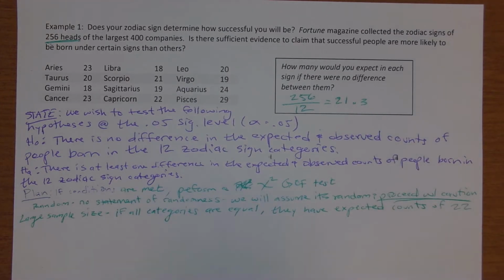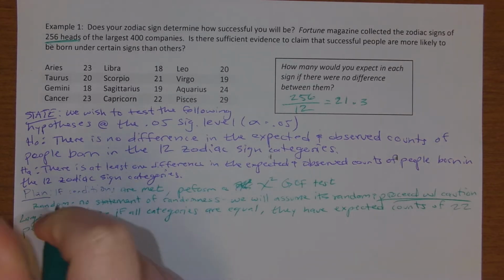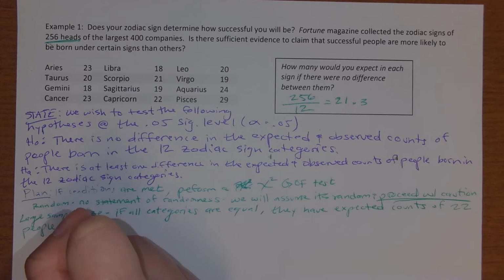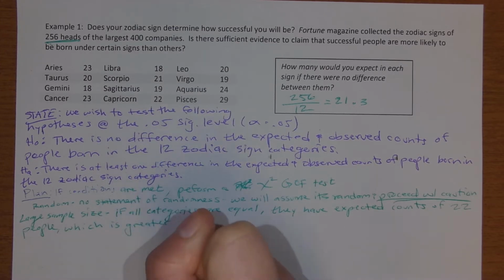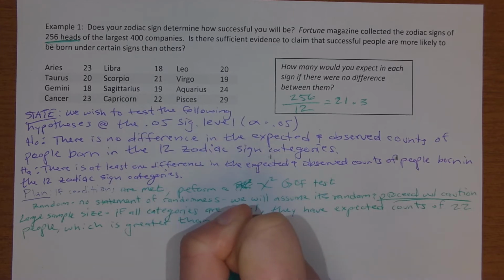So let's say they'd each have expected counts of 22 people, which is greater than 5.